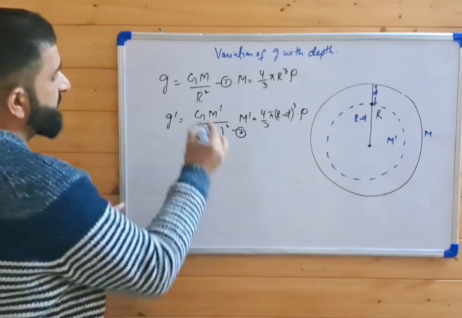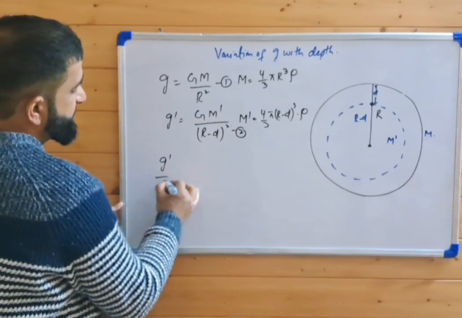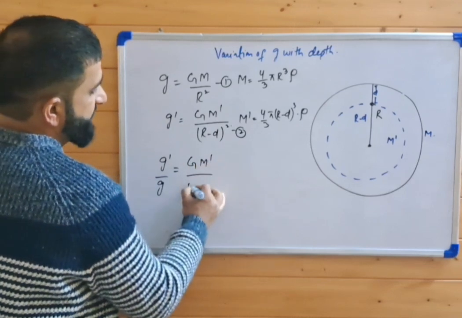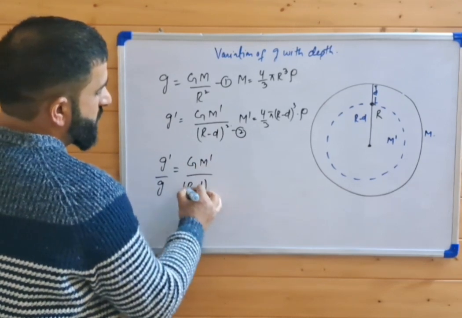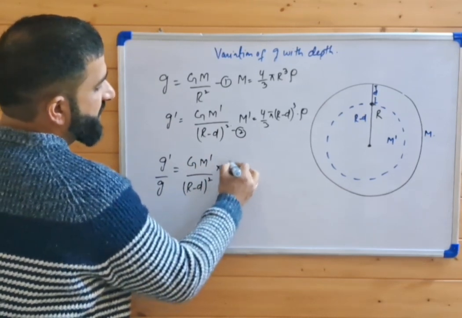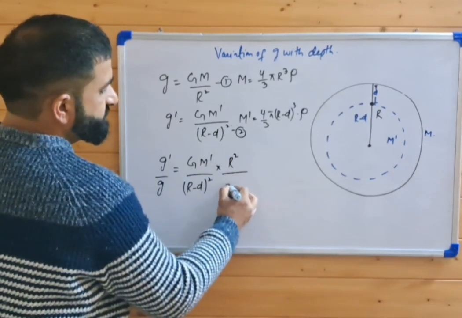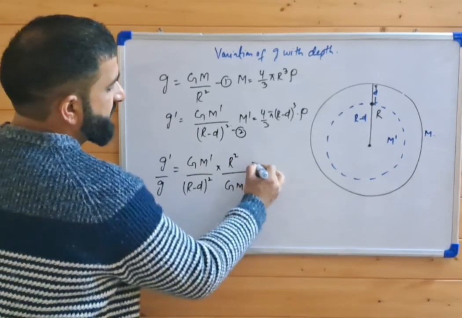Dividing second by first, we have g dash divided by g is equal to GM dash divided by R minus d whole square into R square divided by GM.